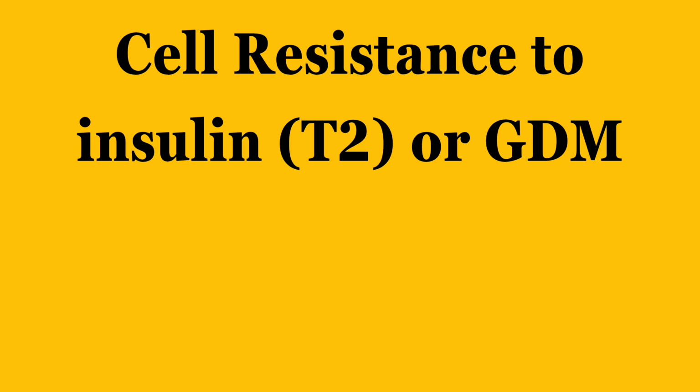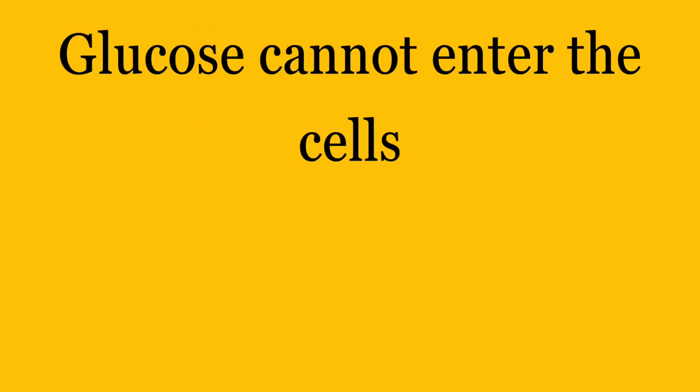So normally, the cells are very responsive once insulin is there, opens the gates, and glucose moves in from the bloodstream into the cells. Now, in something like type 2 diabetes, this responsiveness is not as it used to be. Regardless of which type, it leads to glucose being unable to enter the cells.